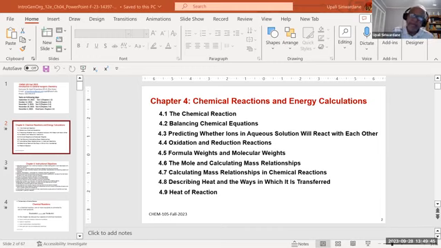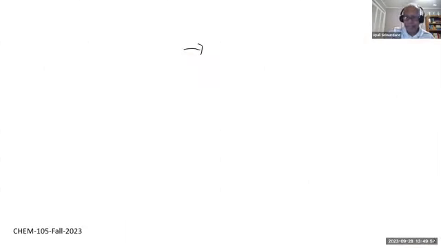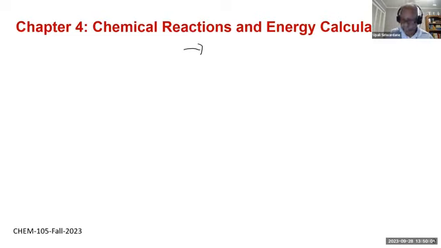So chemical reactions are equations that we write. Let me get to the PowerPoint. Chemical reactions are basically chemical equations, where you have reactants and products and an arrow between them.